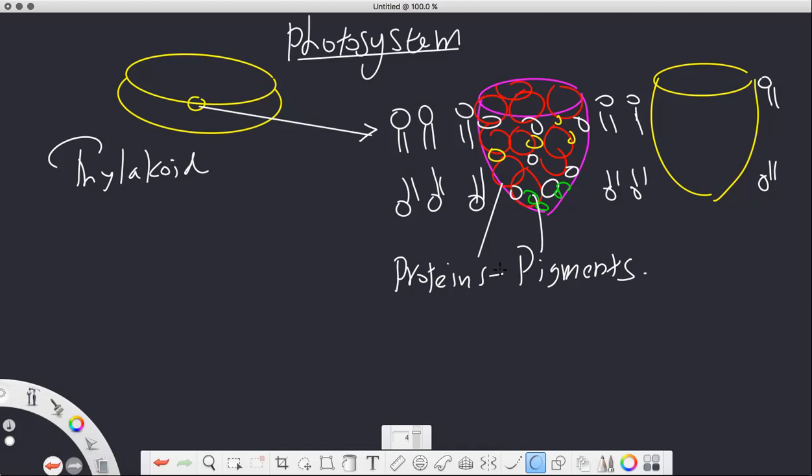So protein plus pigments, they make complete this protein structure, and this aggregation of protein is called the antenna complex.